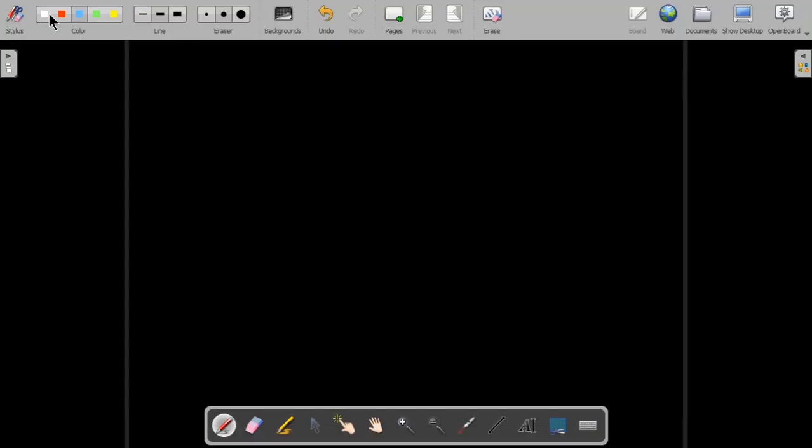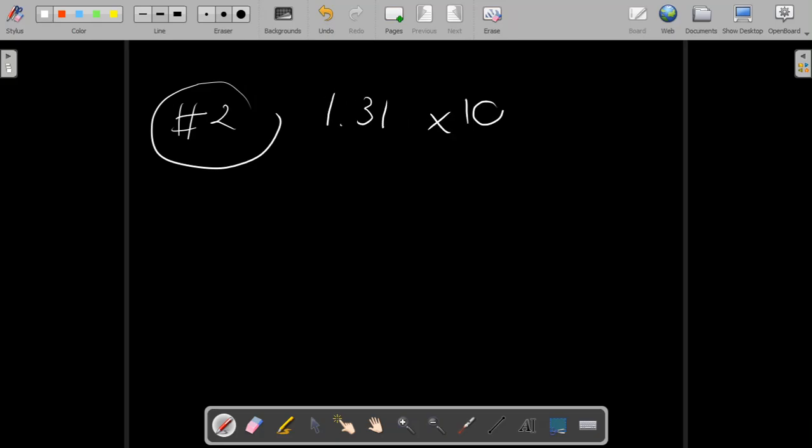So number 2, the answer for number 2 is 1.31 times 10 to the 3 centigrams. This is in scientific notation. Start getting used to it. I'm going to review scientific notation. You should have covered this in your math courses, but if you haven't, I'll be going over it.